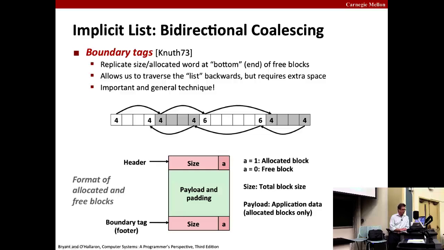That allows us to do it in constant time. This footer is sometimes called a boundary tag. Knuth called it a boundary tag, but we can call it a footer, in parallel with the notion of a header. The key thing is that it's identical: it has the identical size and allocation status.